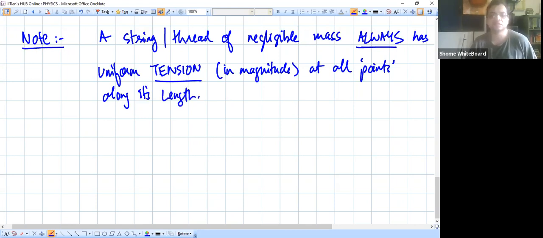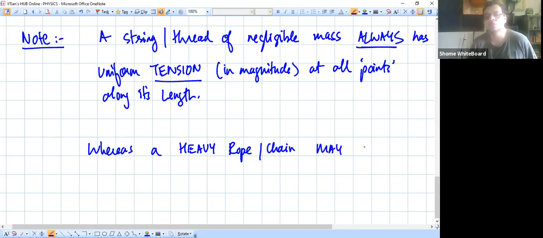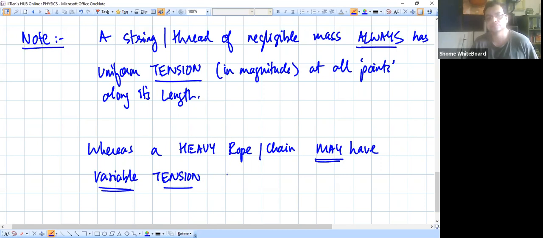And we'll understand in a moment why this happens. Whereas a heavy rope or chain or that kind of material may have, not necessarily always has, but may have, variable, that means different, amounts of tension along its length.